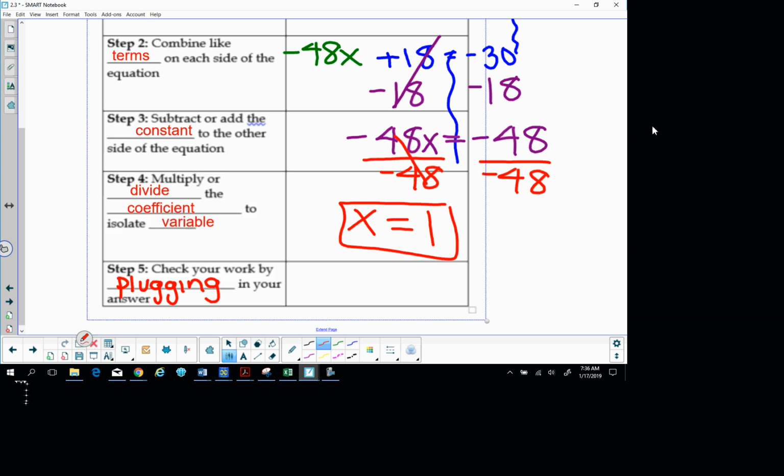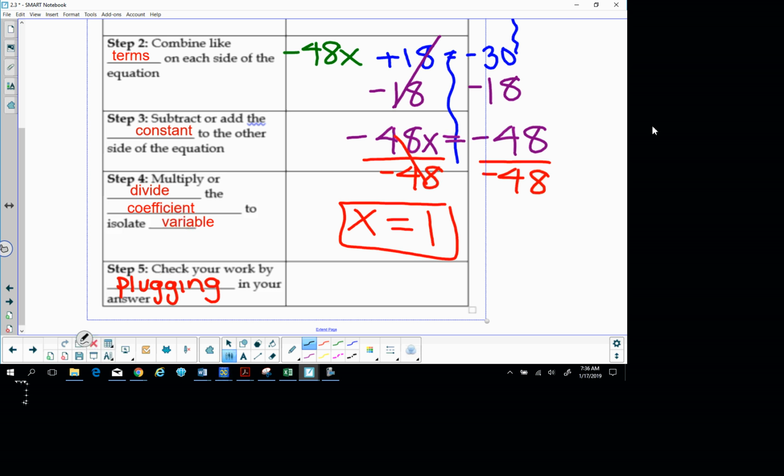All you have to do is take the original equation and your calculator, and you're just typing the original equation in, but every time I see an x or a variable, I'm going to plug in what it is, which is 1.